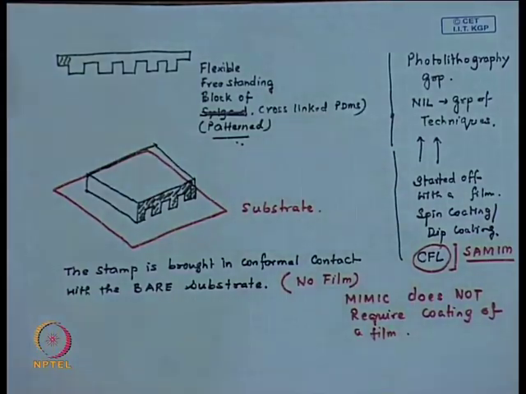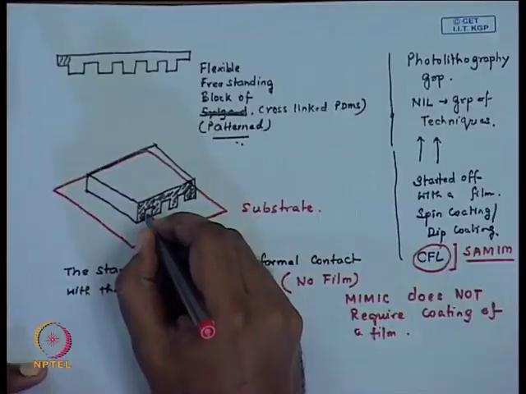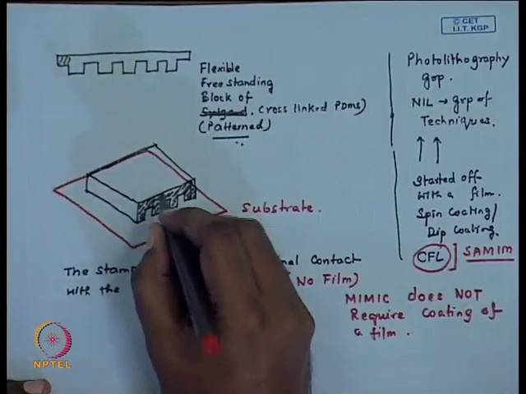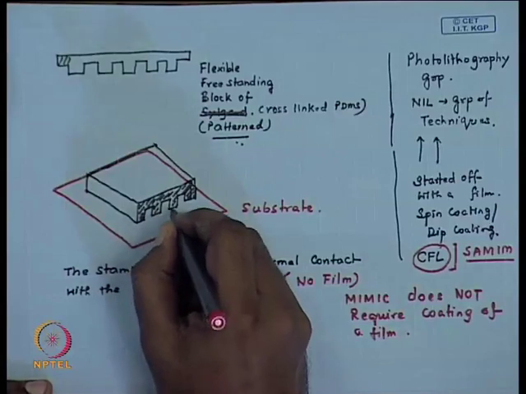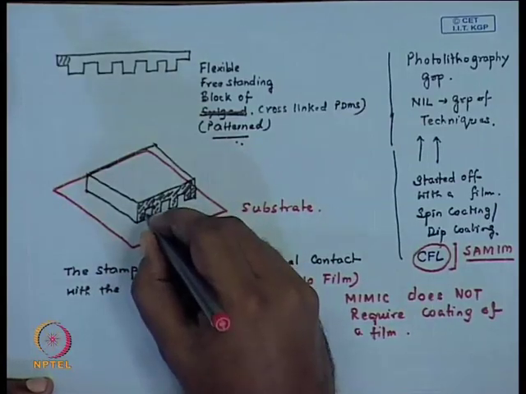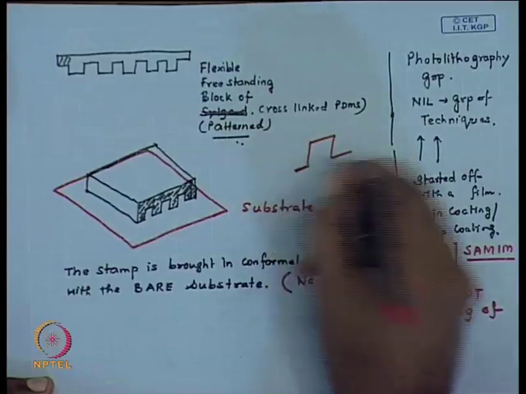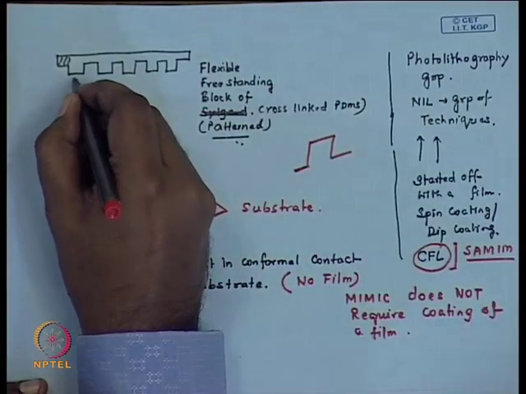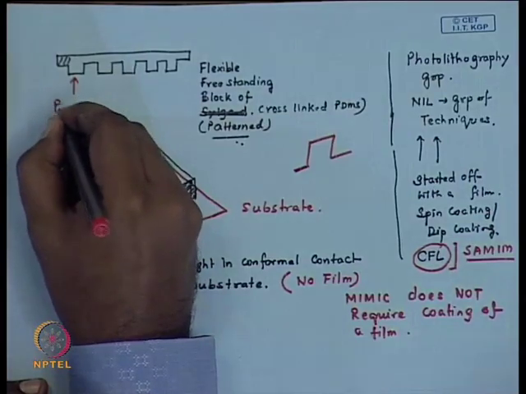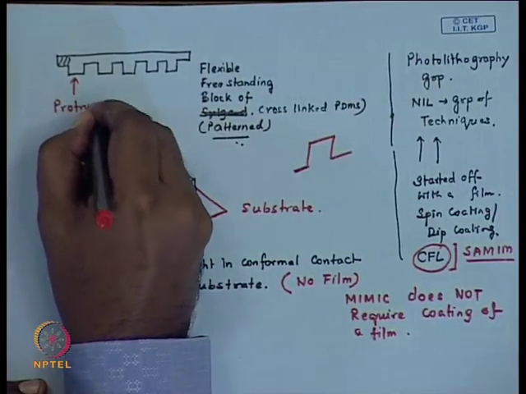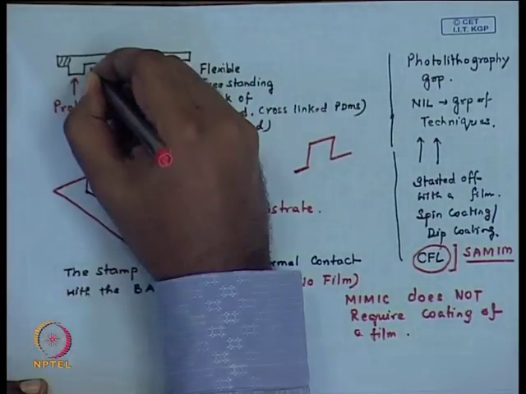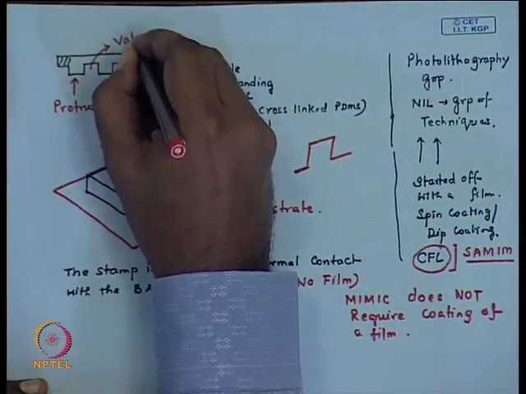Okay. But then how do you get the structures? Well, if you now look carefully, once the flexible stamp has been brought in conformal contact with the substrate, each of the stamp features, or if we regard these as sort of protrusions and these areas to be the valleys.